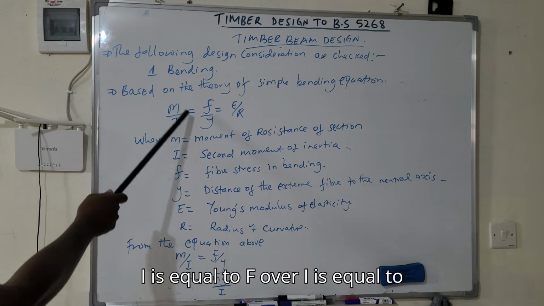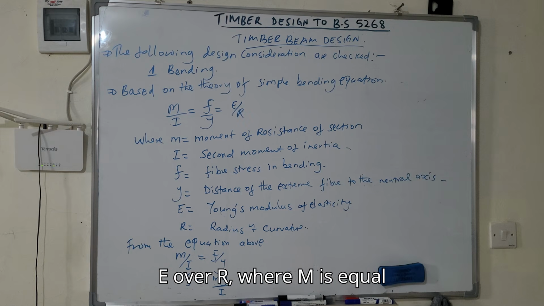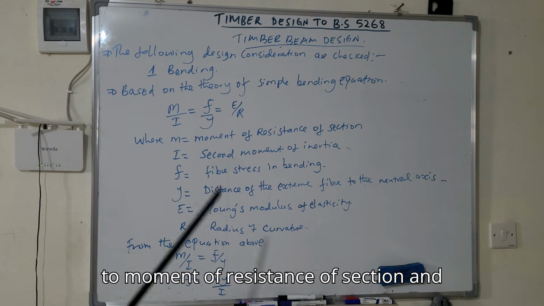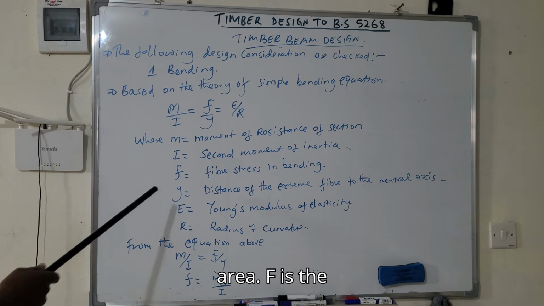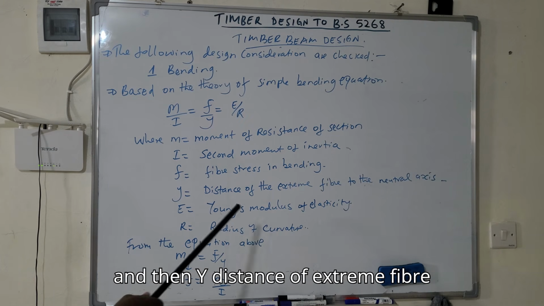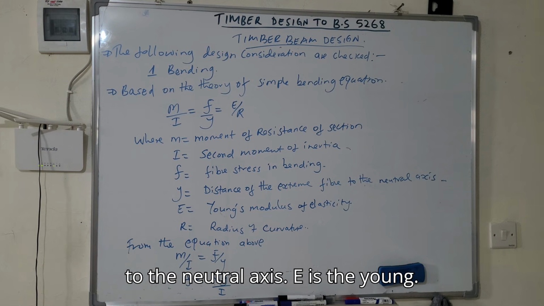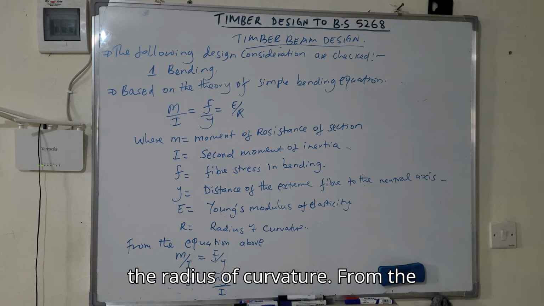M over I is equal to F over Y is equal to E over R, where M is the moment of resistance of section and I is the second moment of area. F is the fiber stress in bending, and Y is the distance of extreme fiber to the neutral axis. E is the Young modulus of elasticity, and R is the radius of curvature.